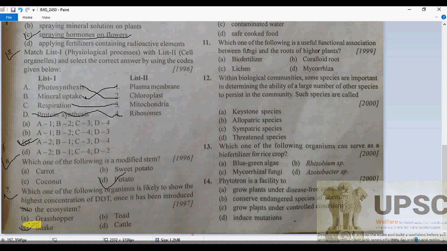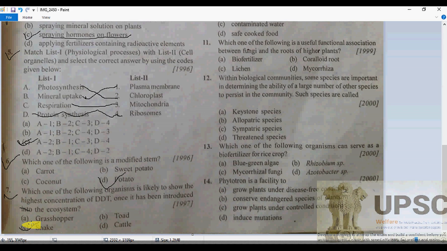Biomagnification is the phenomenon of the increasing concentration of a compound in the tissue of an organism, as the compound passes up the food chain, usually as a result of food intake. In this case, the concentration of the compound will increase with the increasing trophic level.